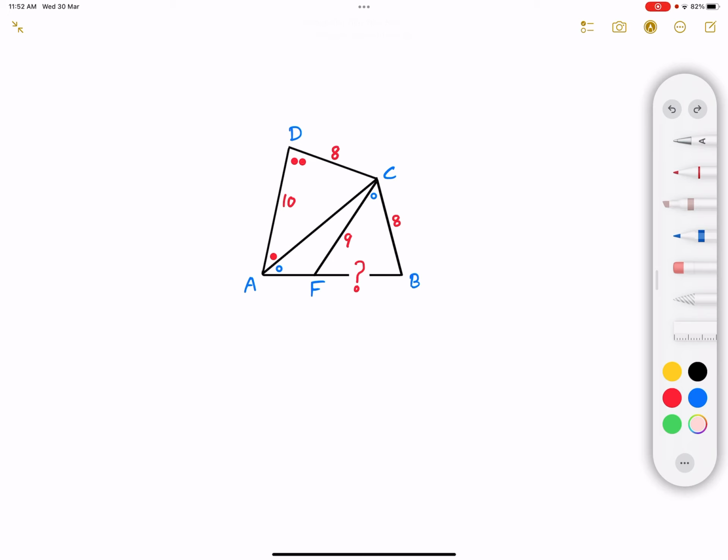If we assume that the unknown length is equal to y, then we can benefit from the fact that the triangle CAB is similar to the triangle BCF.